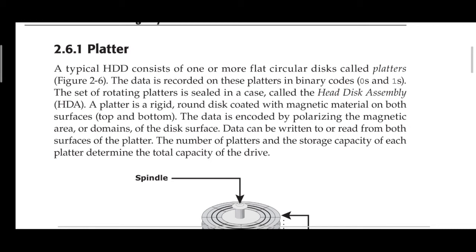The data is recorded on these platters in binary format. The set of rotating platters is sealed in a case called the head disk assembly, HDA. Please try to understand. The set of such platters all together are clubbed and stored in a case called HDA, head disk assembly.